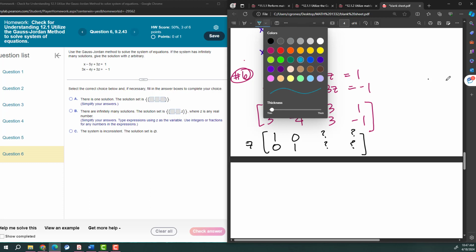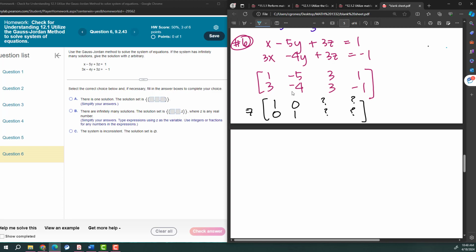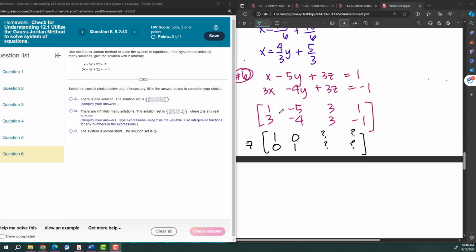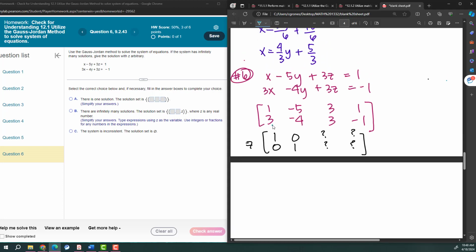Let me do this blue. So it actually might be easier to get a 0 where our 3 is first, because if we were to multiply this by -3, then we could cancel these out. So let's do that. So we get -3, and then -5 times -3 is +15. 3 times -3 is -9, and then 1 times -3 is -3.